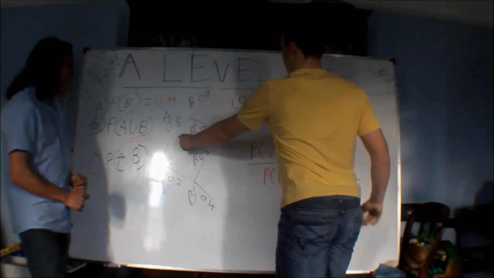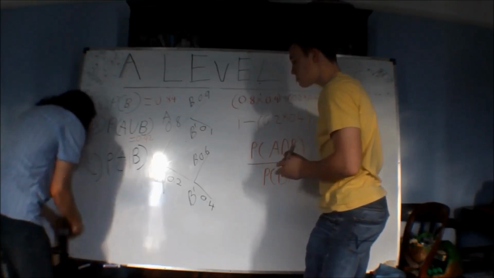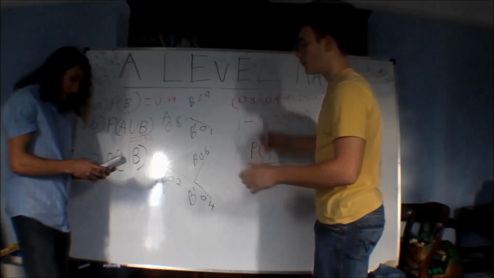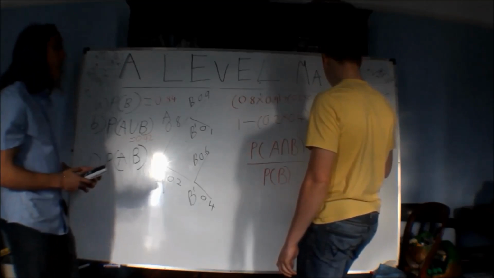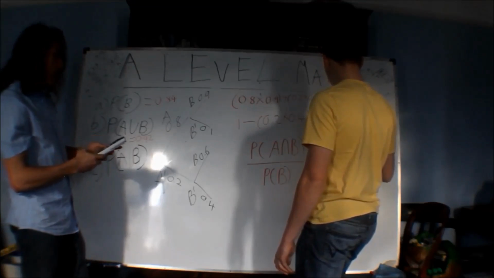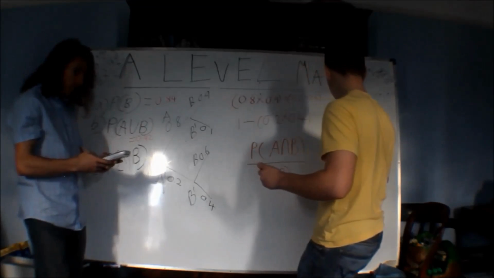Yep, A and B is 0.8 times 0.9. What's that, please? Probability of pass both, 0.8 times 0.9 is 0.72. 0.72 over the total chance that you pass B, which is 0.84. What's that then?